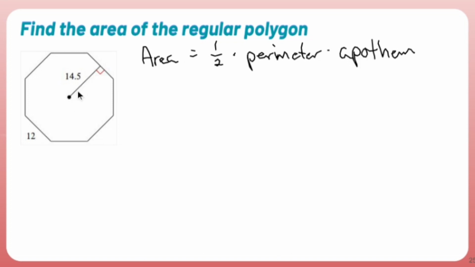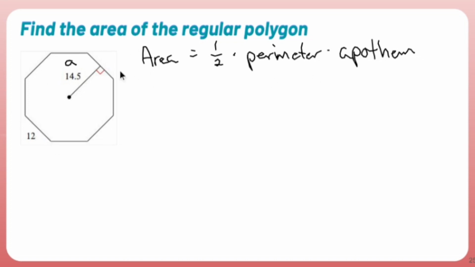What is an apothem? An apothem is basically a side bisector that's going to be perpendicular to that side and hits the center. So this right here is my apothem. And what I have is one of the side lengths. One of the side lengths is 12. The apothem is 14.5.